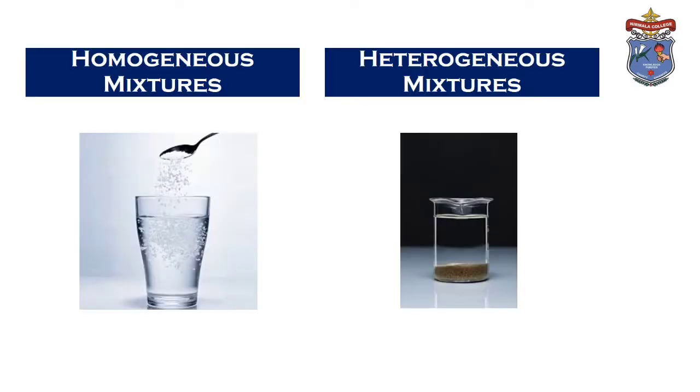A mixture of sand mixed with salt is an example of heterogeneous mixture, whereas sugar mixed with salt is the most common example of homogeneous mixture.